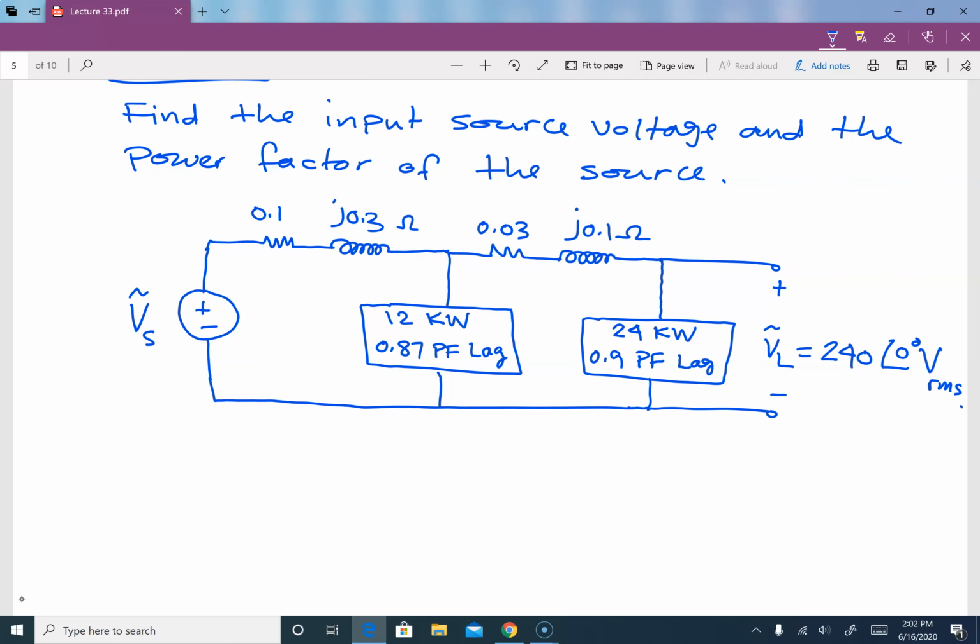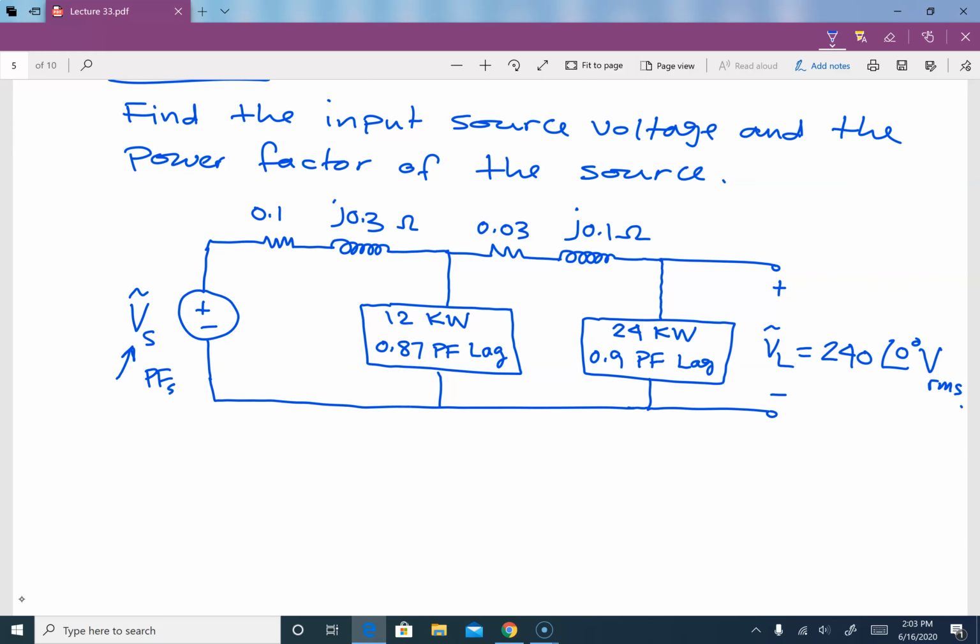We are asked to find the input source voltage, that means I need to find this Vs from this circuit, and also the power factor of the source.